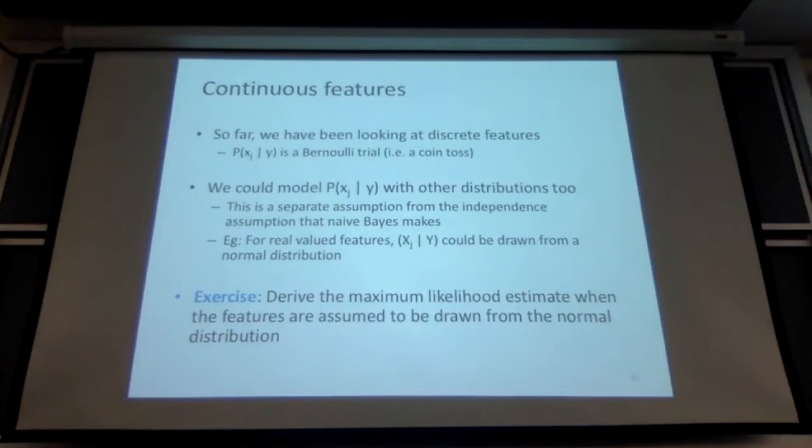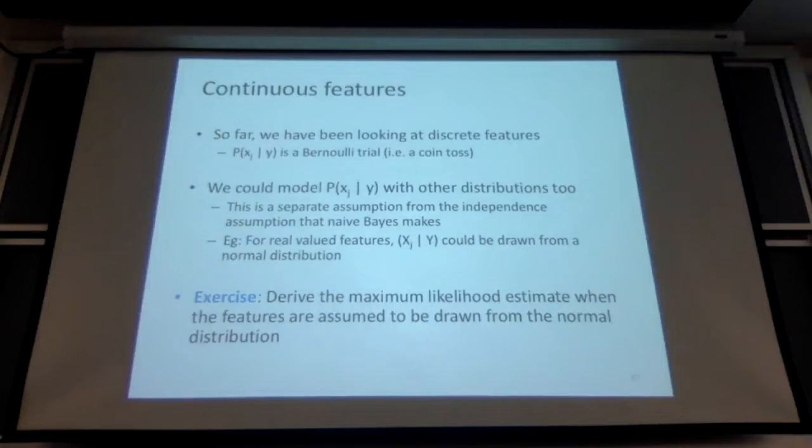When you have discrete features, we had Bernoulli trials, basically coin tosses. If your feature xj takes real values, then the probability over xj should be some probability distribution that can support real values. A very common choice, for example, is the Gaussian distribution, normal distribution.